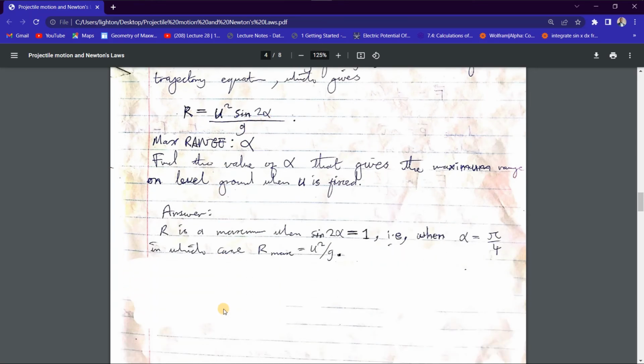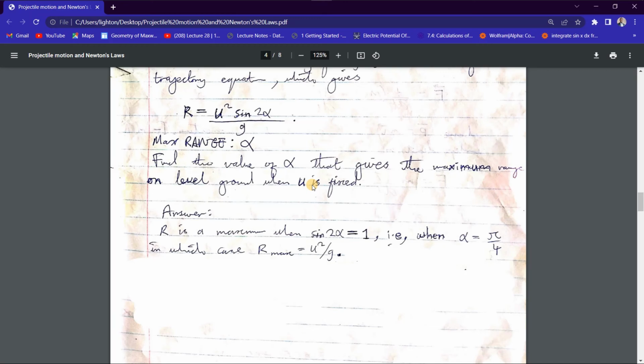For the maximum range, we are saying find the value of alpha that gives the maximum range on level ground when u is fixed. The maximum range is just the maximum horizontal position you can get when the launch speed is fixed.